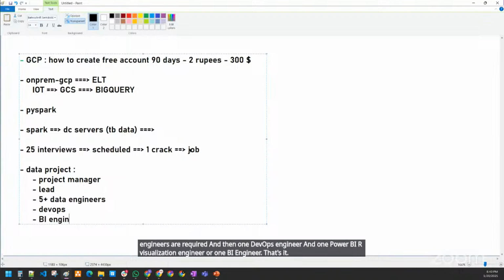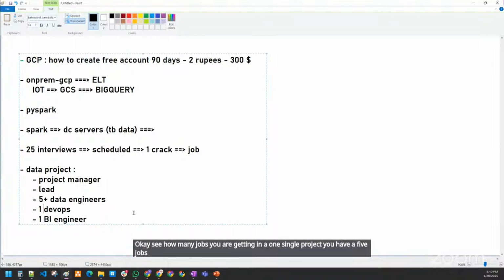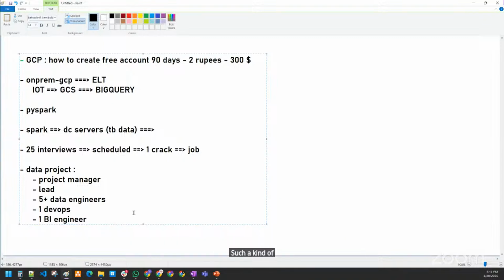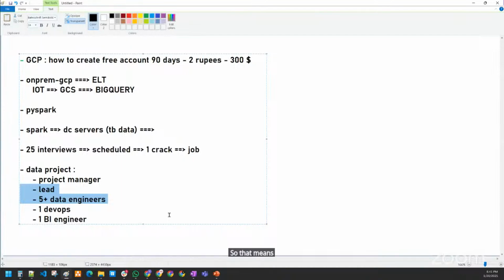That's it. See how many jobs you are getting in one single project. You have 5 jobs, with this lead data engineer, a total of 6 jobs in one single project. Such projects are many in a single company itself, so you will have plenty of opportunities.